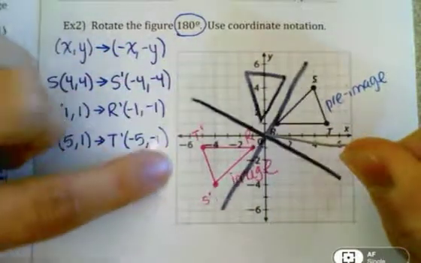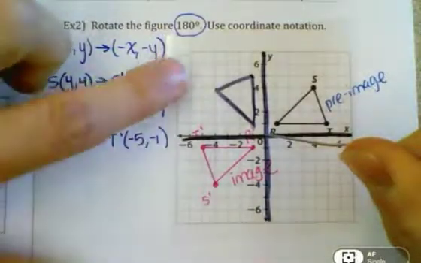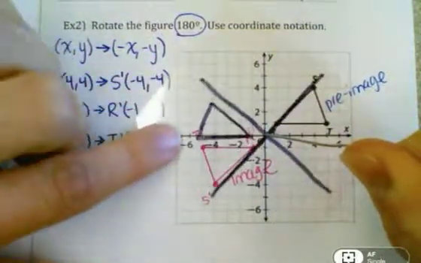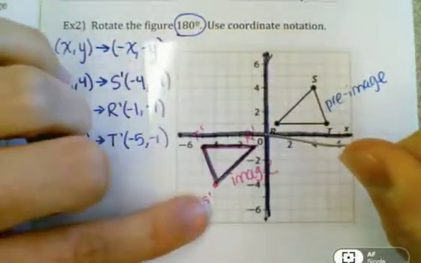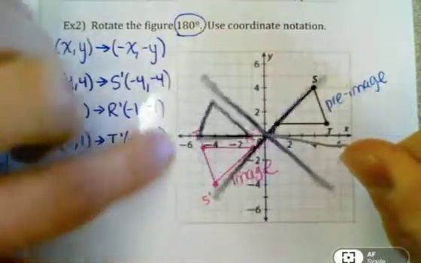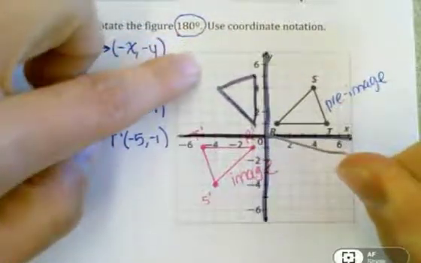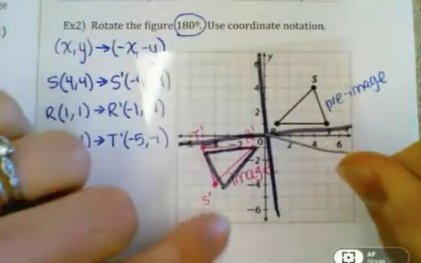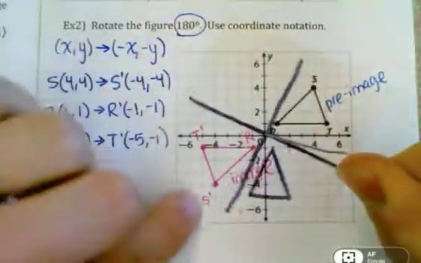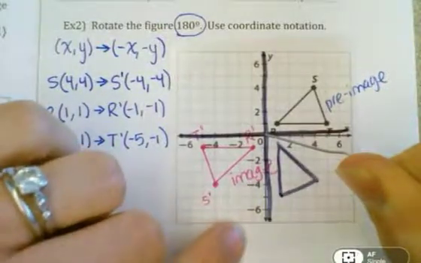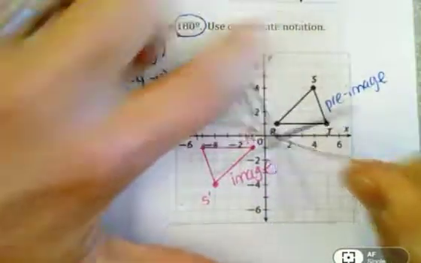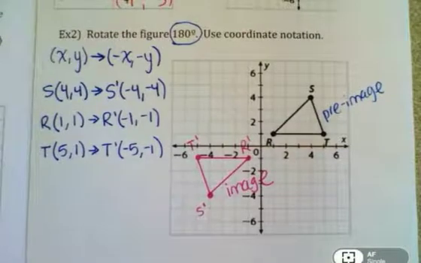So 90 degrees, boom, and I'm going to do 90 more degrees, boom, and it fits perfectly. Okay, so there's the rotation, and then you can see all the way in between, right? That would be 90, 180, and then 270 would look something like that. Makes like a pretty pinwheel. Okay, anyway, that's it for rotations. We're done.